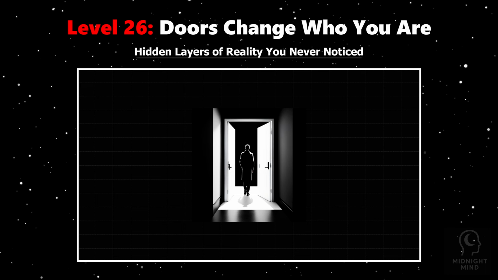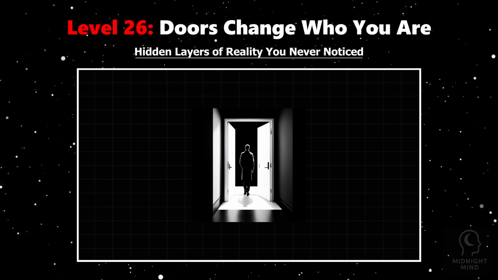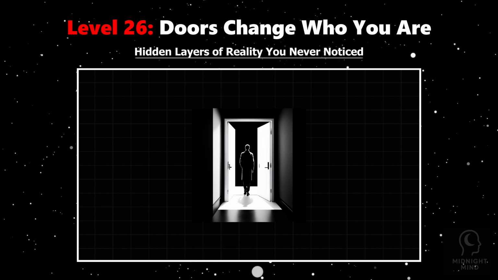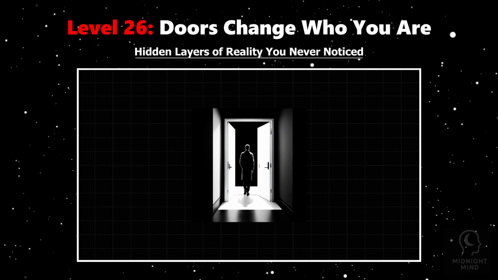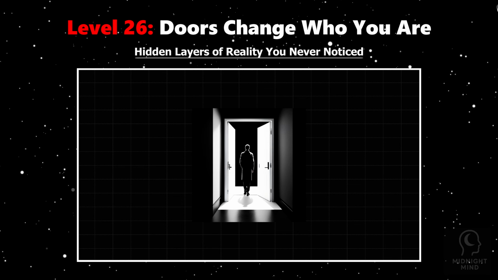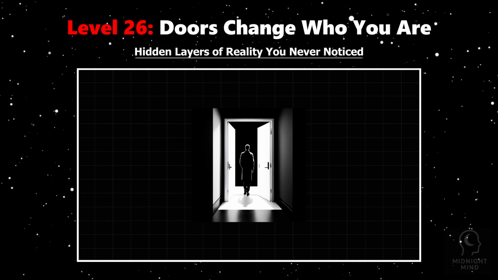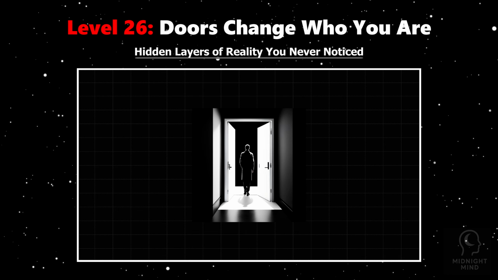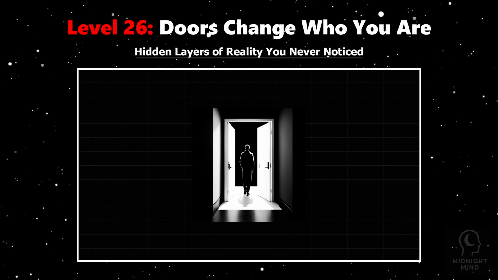This effect is evident in studies showing how people change posture, tone, and even decision-making based on where they are. Doors act as invisible boundaries that partition our identities into segments. When you cross from one to another, your brain sheds one persona and dons another, seamlessly and unconsciously.